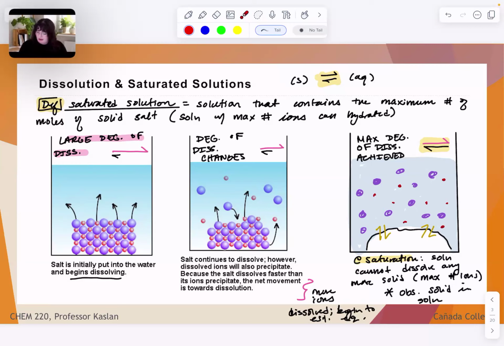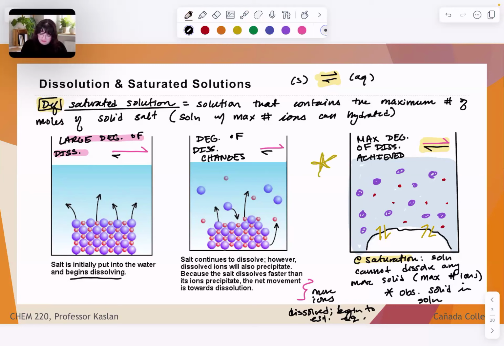Now, this is something that we have said exists in a state of equilibrium. This follows through from initial dissolution to early dissolution to the point of saturation, where we now have equilibrium. So let's apply some of our skills in describing systems at equilibrium that we've seen in other chemical contexts to what's happening in this state of saturation.